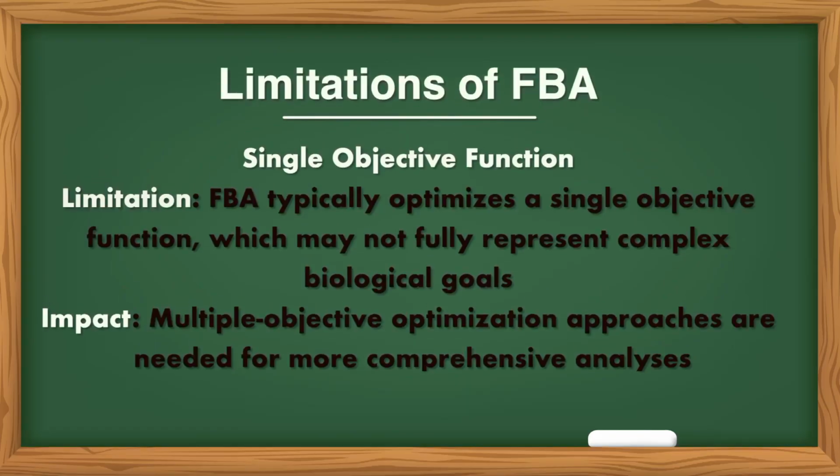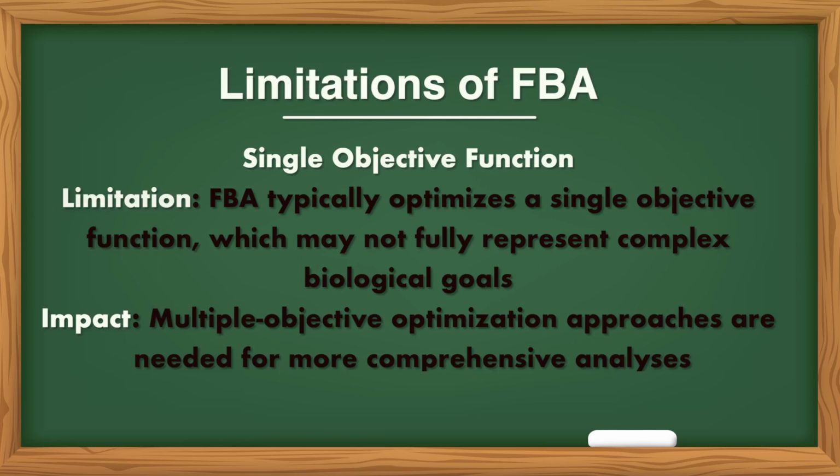Okay. So, we have seen all these limitations. Also, we will see some of the limitations within the FBA. There are some limitations such as a single objective function. In this case, FBA typically optimizes a single objective function, which may not be a full representation of a complex biological goal.